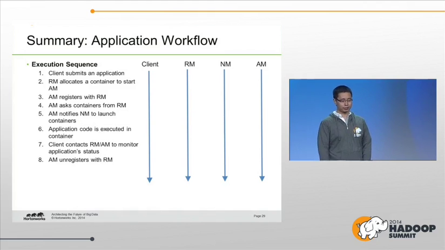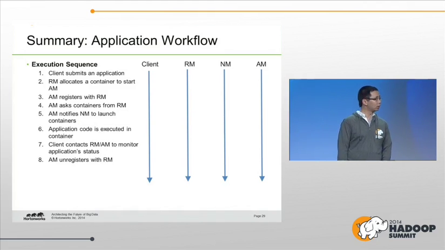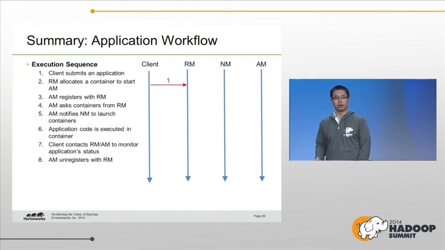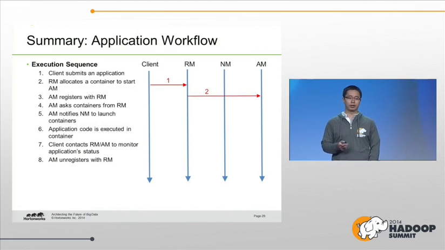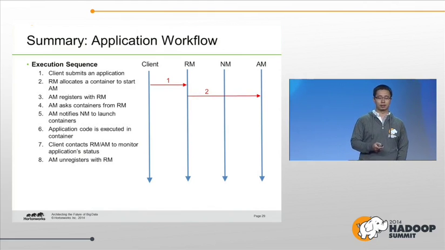As we have introduced the client and the application master, let's go through the typical workflow of a Yarn application. So first of all, the client is going to submit an application to the resource manager. When the resource manager gets the application, it will get a container to launch the application master process.